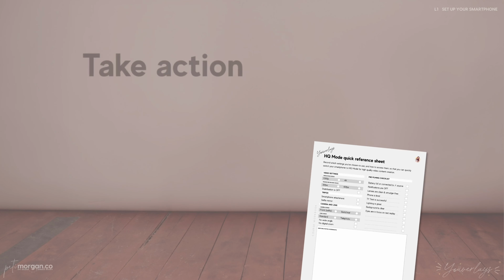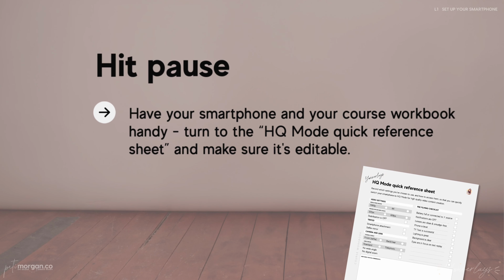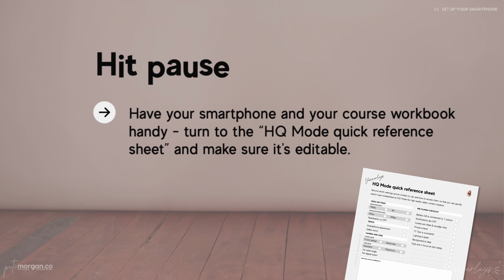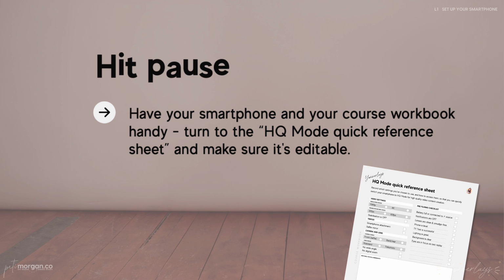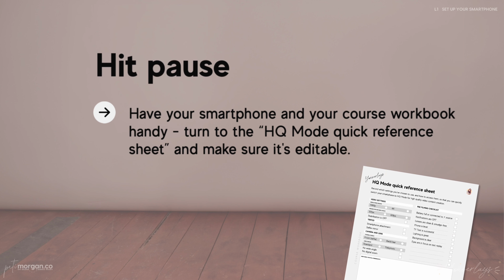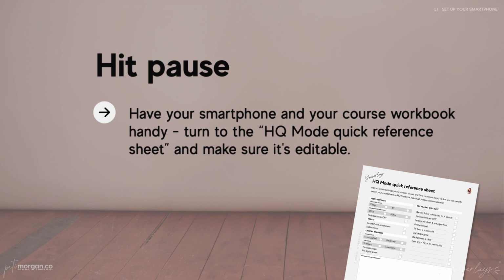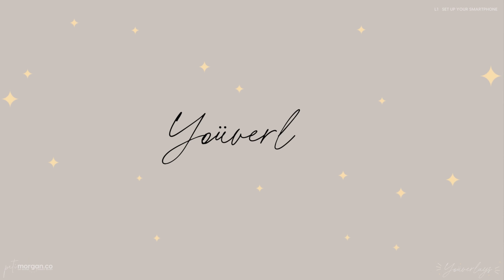You'll add to this guide as you go through the lessons. Take action. Either print or make your course workbook available on iPad or even upload it to Canva so that you can write and sketch notes or take screenshots and paste these in throughout the lessons. This course workbook will become your quick reference guide so that what you learn about your smartphone and how to set it up won't be lost.